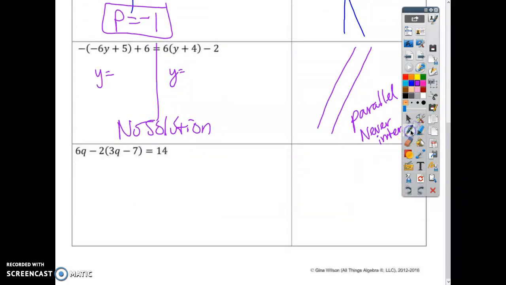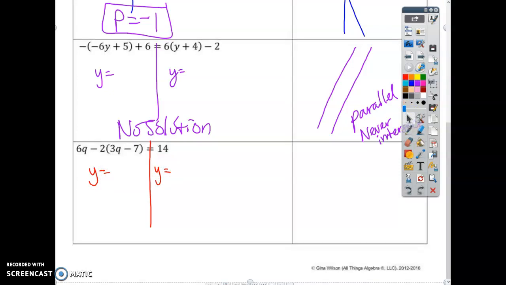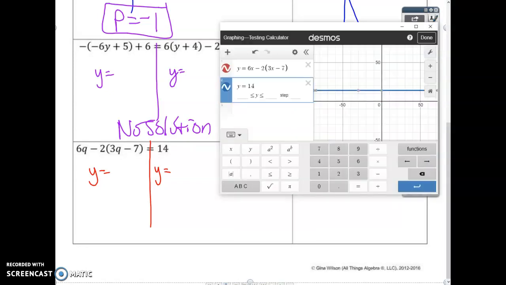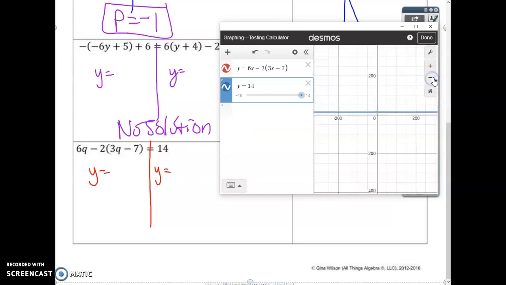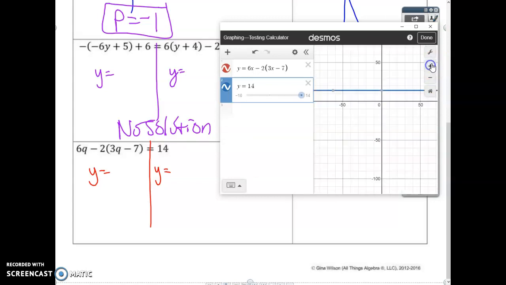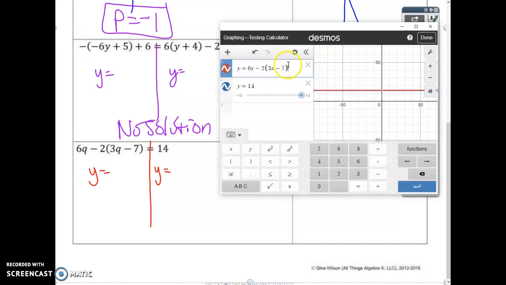Problem 3. Y equals and y equals. Put it in decimals. Okay, now these are going to look a little bit weird because when I type both sides and I zoom out, I don't see my red line. Okay? I don't see my red line. But if you click on my equation, my first equation, there appears my red line. If I click on my second equation, my blue line. So these two are the same line, the same thing.